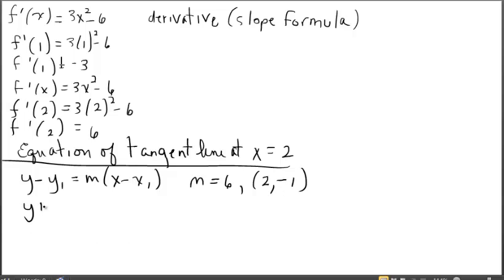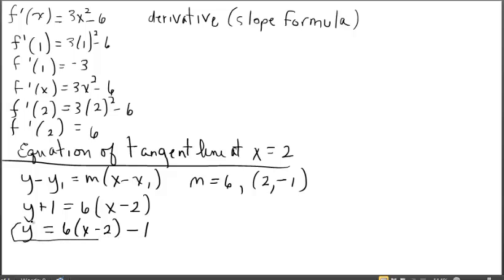So we've got y plus 1 equals 6 times the quantity x minus 2. You could distribute and clean it up if you want and get 6x minus 13, but there's really no need unless there's something else that you needed that equation for and you needed to do those calculations. So at this point, this is a great equation of the tangent line to the curve at x equals 2.